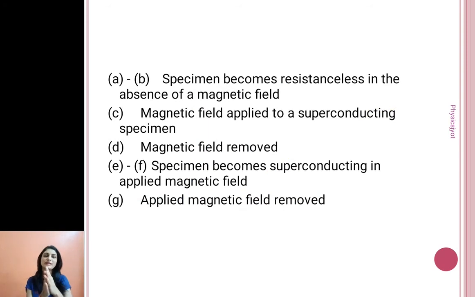From A to B, the specimen becomes resistance-less in the absence of a magnetic field. In figure C, a magnetic field is applied to the superconducting specimen. In D, we have removed it, and from E to F, the specimen becomes superconducting in an applied magnetic field, and then we remove the applied magnetic field.